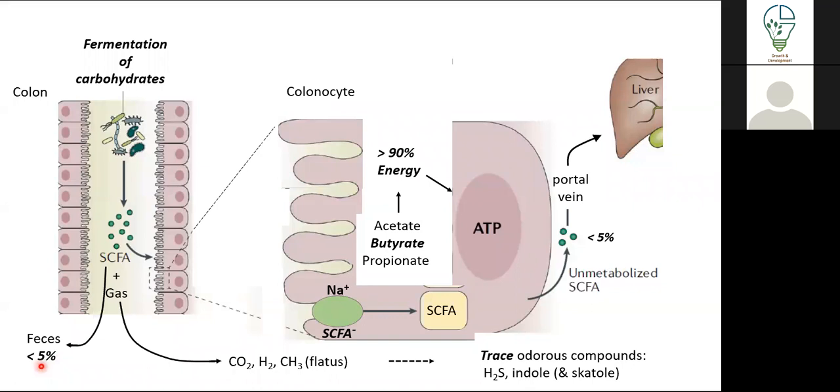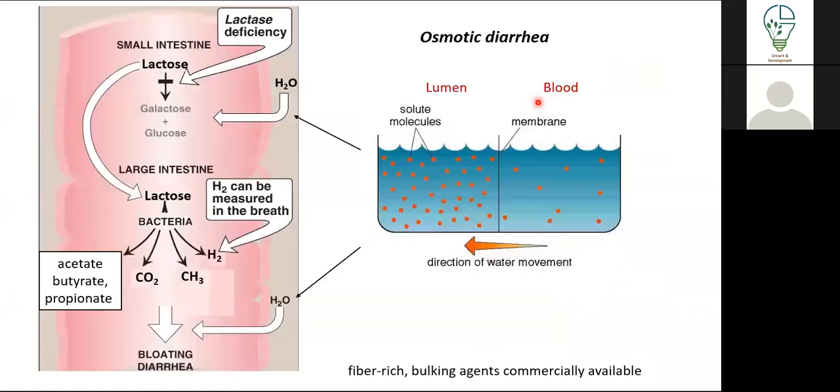The rest will be absorbed and used to form ATP, which is pretty nice for us. And the rest is, of course, the byproducts of this fermentation. We get CO2, H2, CH4, methane, whatever. All of these will be excreted out of our body through flatus. Let's say that. Okay. And that's basically it. Okay, so that's for this.